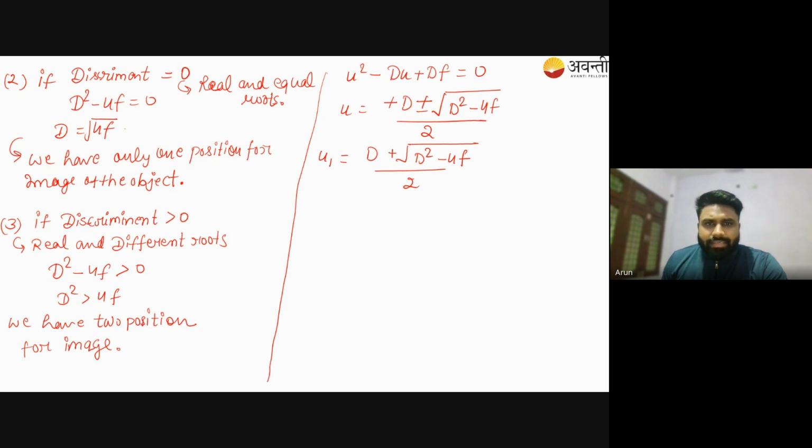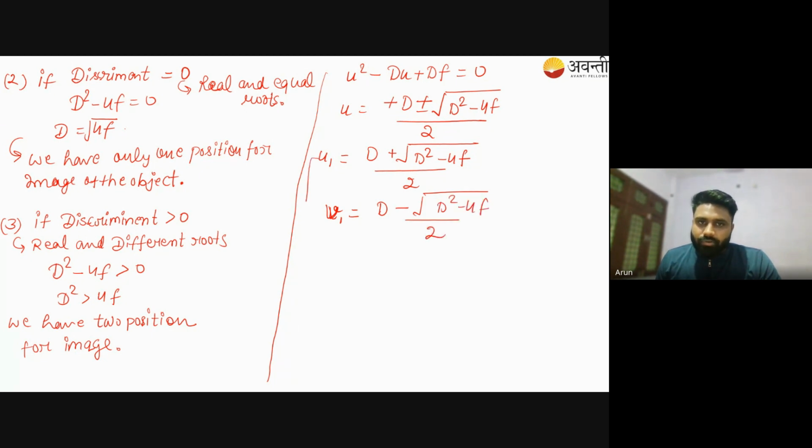For which you are getting a value, it is not velocity, it is the position of image. So what do you have in terms of position of image? It will be just opposite to it, which is v1 equals D minus square root of D square minus 4f by 2.